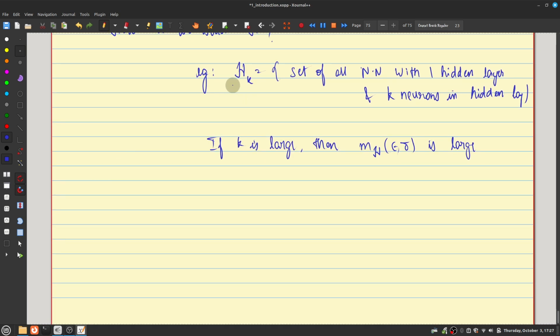All right. So in this case, in fact, one can prove a bound on the generalization error over all possible Hk's for a given n. So suppose n is fixed.